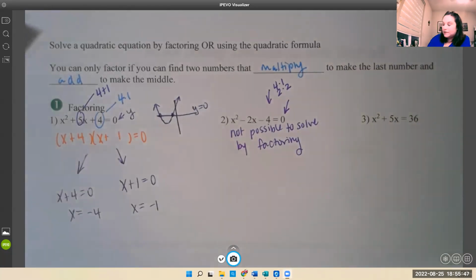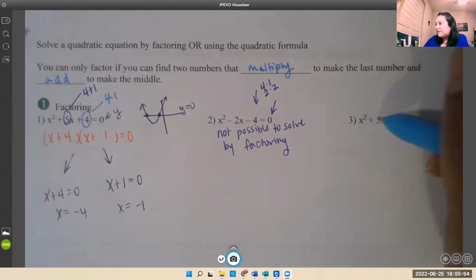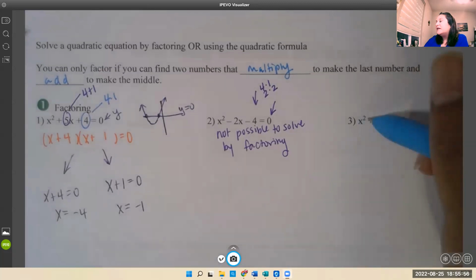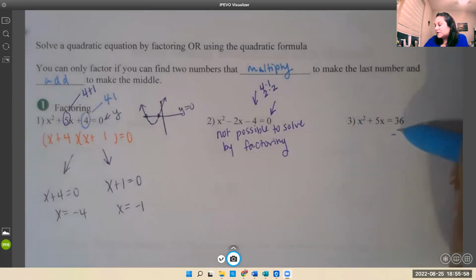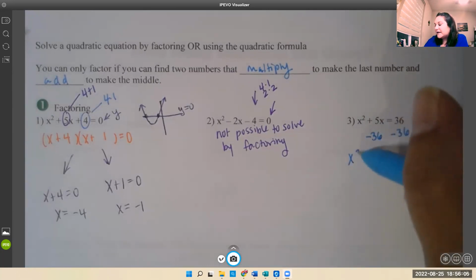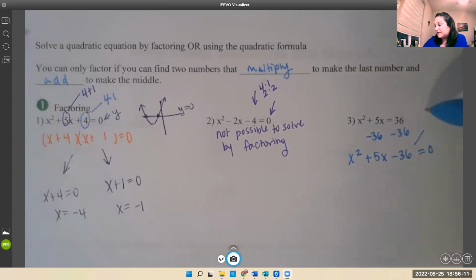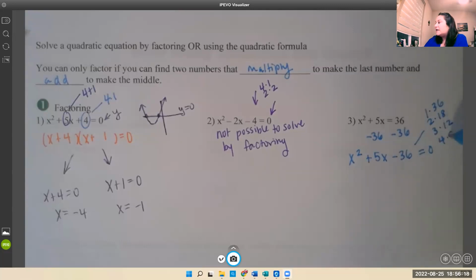When I look at this last example, I don't have the trinomial on one side, so you want to make sure that you've got a trinomial on one side and that the other side of the equation is set equal to 0 before you start thinking of two numbers that multiply to make 36: 1 and 36, 2 and 18, 3 and 12, 4 and 9.